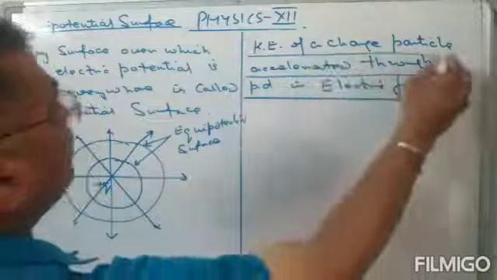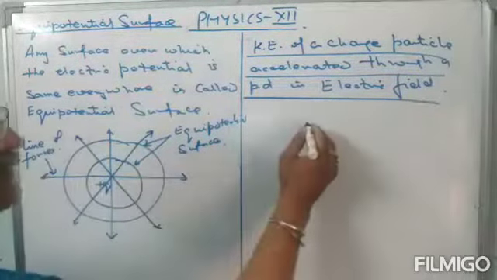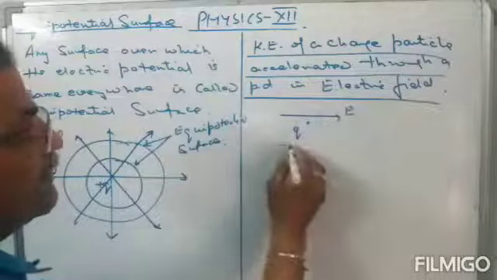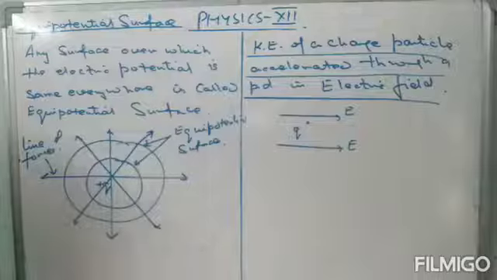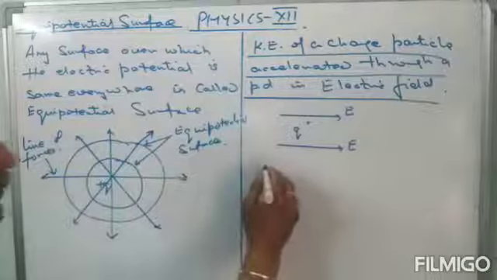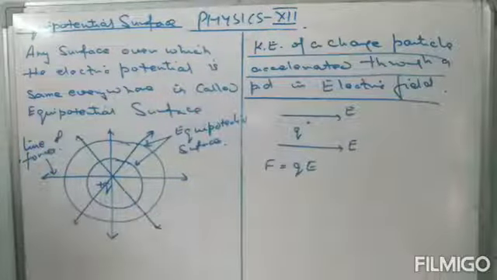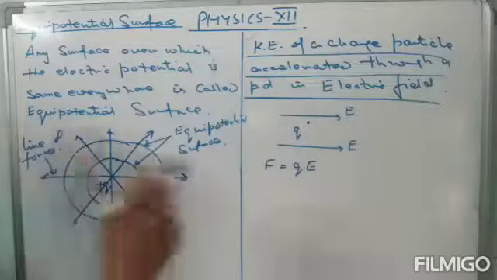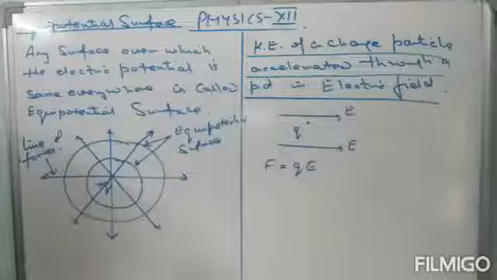Suppose a test charge Q is placed in electric field E. So this test charge Q will experience a force, and the force is given by F is equal to QE. This test charge has mass. It will move also, so it will have acceleration.